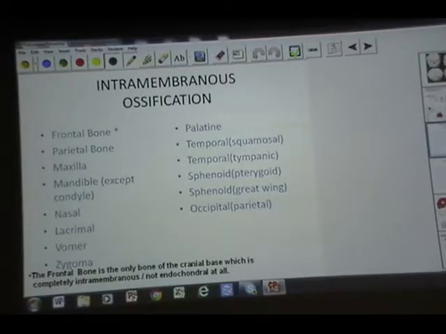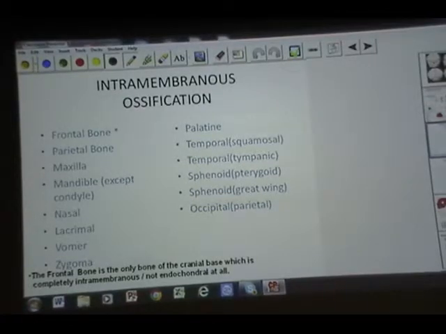So the mandible, the nasal bones are intramembranous, the lacrimal bone is intramembranous, the vomer is intramembranous, the zygoma, the cheekbones, are intramembranous. Okay? Palatine bone is intramembranous. The temporal bone, that flat outer portion called the squama, is intramembranous. The tympanic portion of the temporal bone is any part that surrounds the external acoustic canal, the external acoustic meatus.